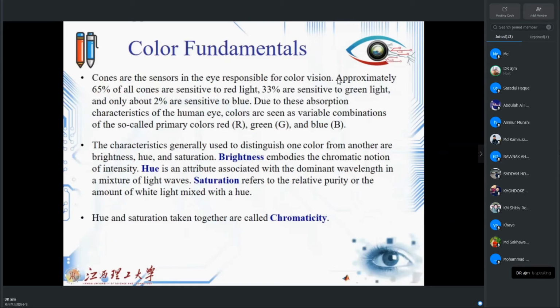To review once again, we have RGB, and we have brightness, hue, and saturation, which are the more critical characteristics of RGB color. Hue and saturation taken together make one new definition, which we call chromaticity.